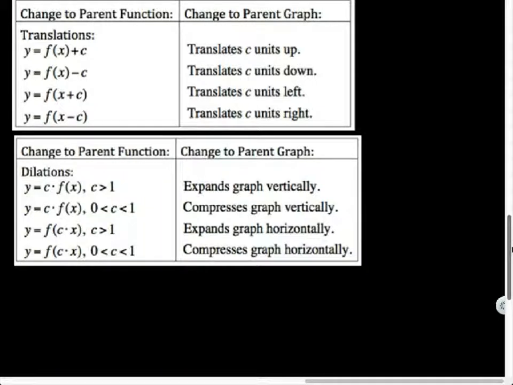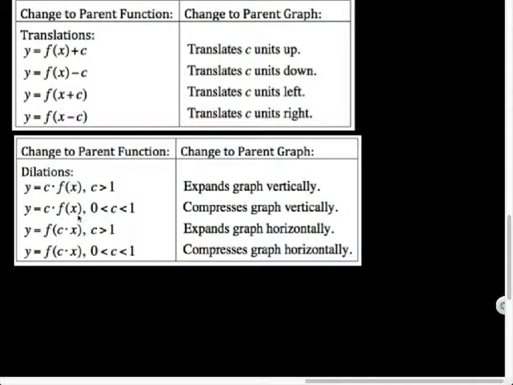So if I'm multiplying the entire function by a number bigger than 1, it's a stretch, or it's expanded. If I multiply the entire function by something between 0 and 1, it compresses the graph. Now, if c was negative, then it could be some combination of a dilation and a reflection, because there are hybrid situations where it's different in multiple ways.